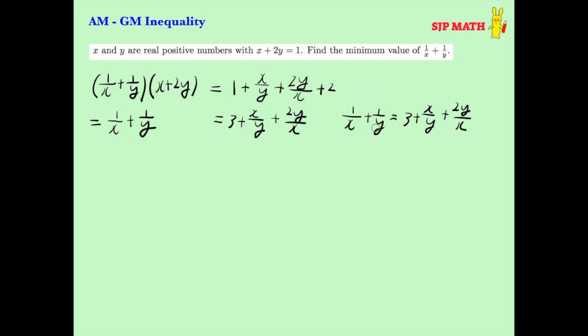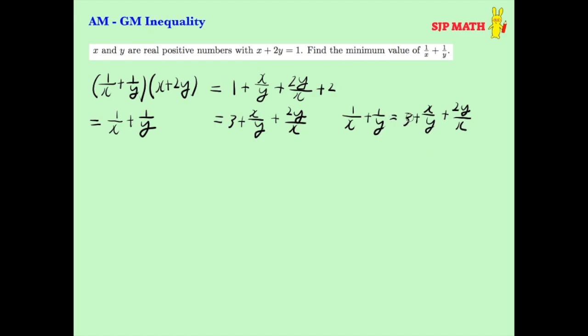So these two expressions equal the same value. So the minimum value of this will be the same as the minimum value of this. So instead of finding the minimum value of this, let's find the minimum value of 3 plus x over y plus 2y over x. And we can easily find that using the AM-GM inequality, as you will later see.